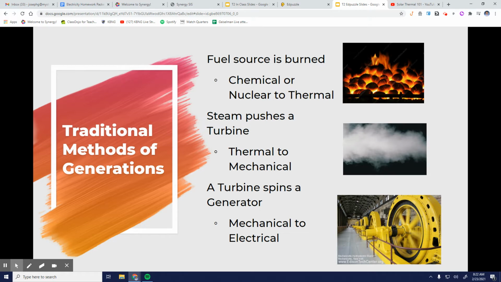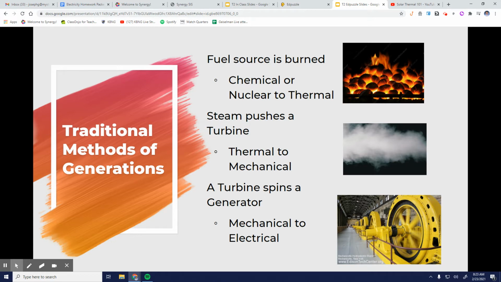Nuclear is also used to heat water. So we're having a nuclear reaction, a fission reaction, take place. And we're converting that chemical or nuclear energy into thermal energy. So we're heating something, and what we're actually doing is using that heat energy to change water into steam.